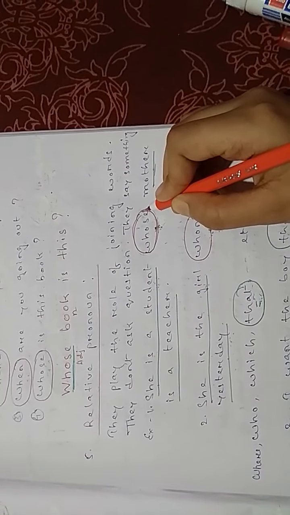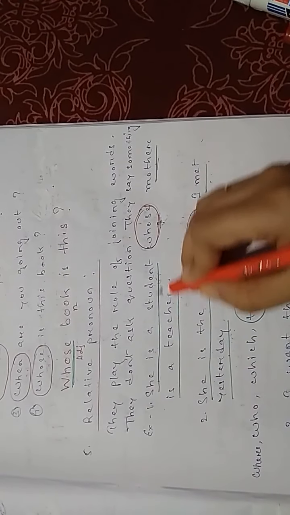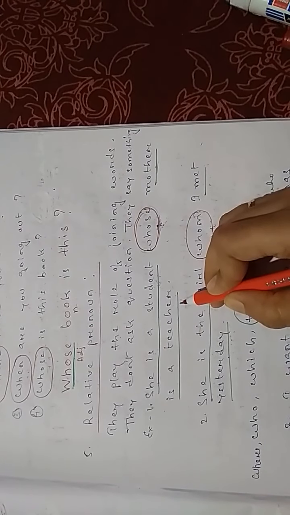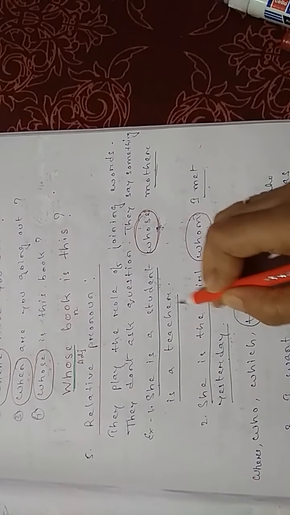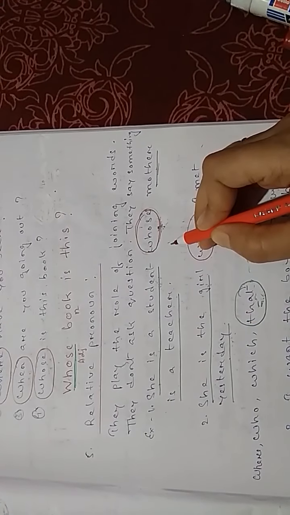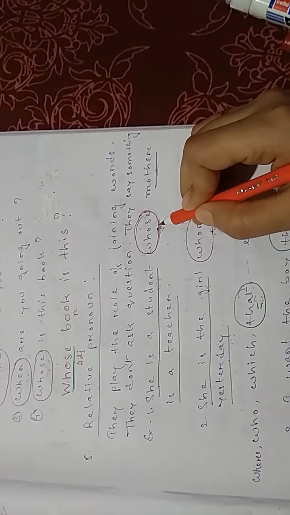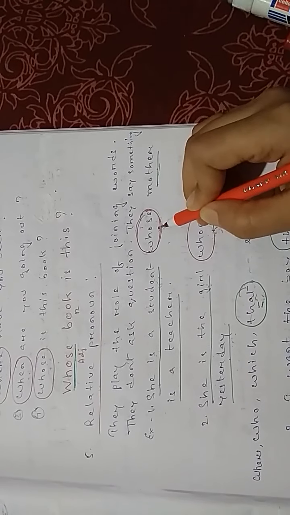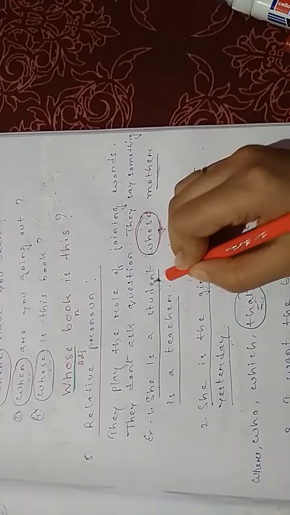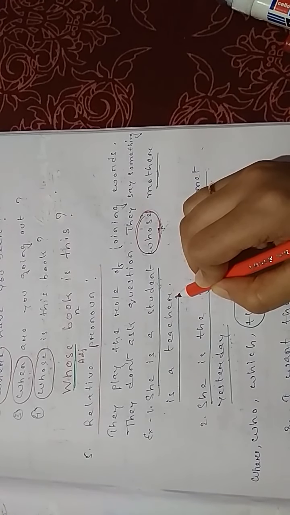And what is it doing? It is connecting these two clauses. She is a student, one clause. Mother is a teacher, another clause. You can say two parts of the sentence are joined together with the help of this word whose. So this is here used as relative pronoun. It is creating a relation between the two parts of the sentence, two clauses of the sentence.